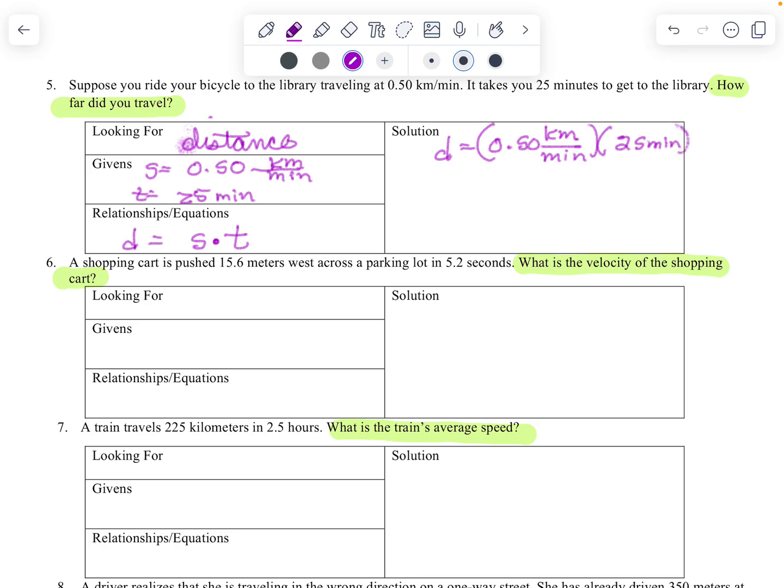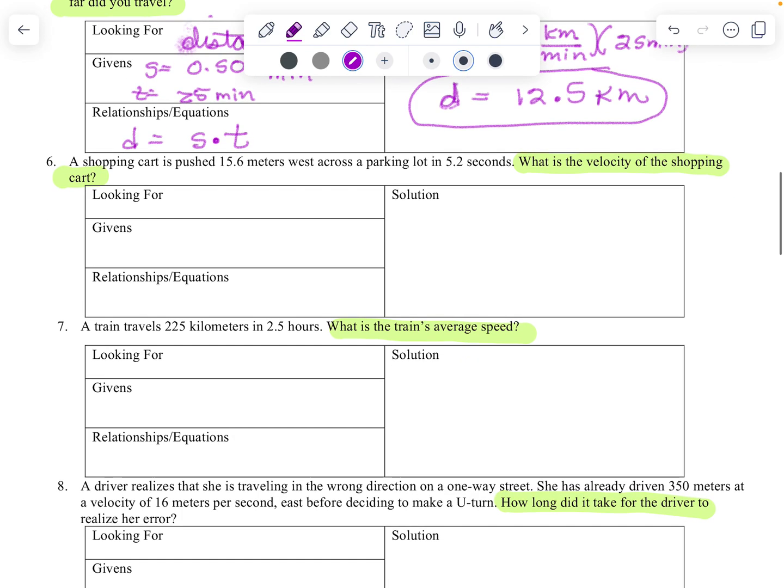This one I will solve for you. That will be our distance will be equal to 12.5 kilometers. Make sure you can get that.